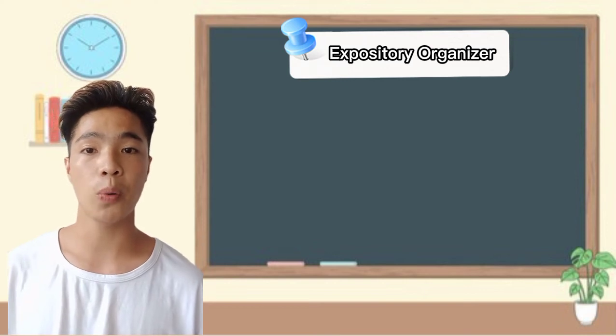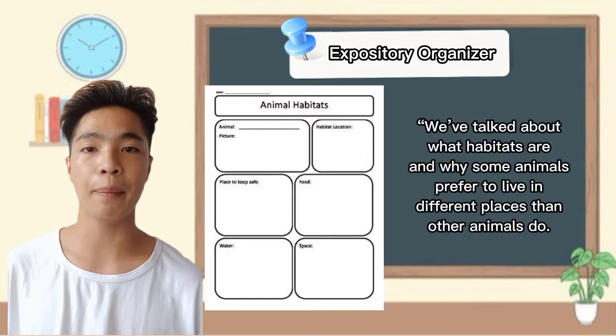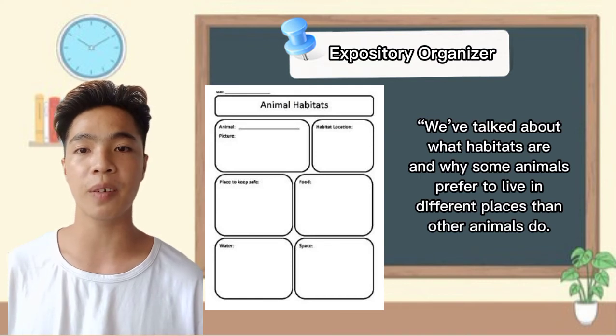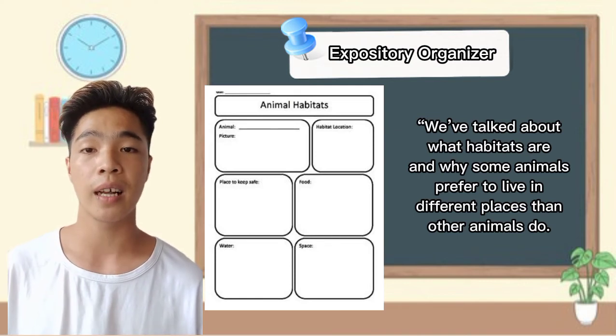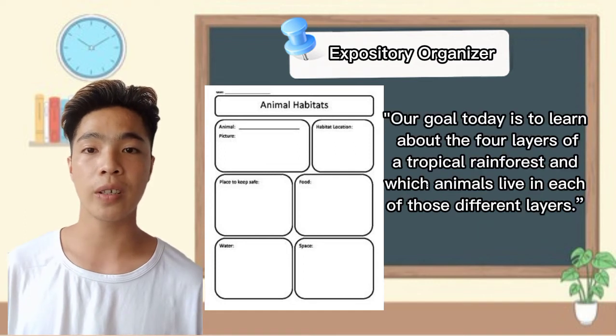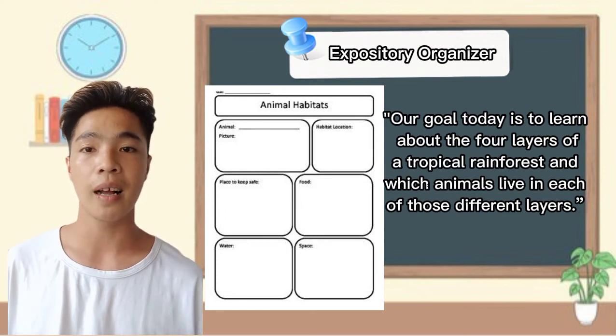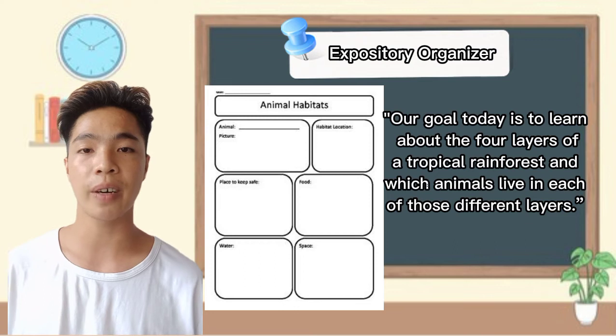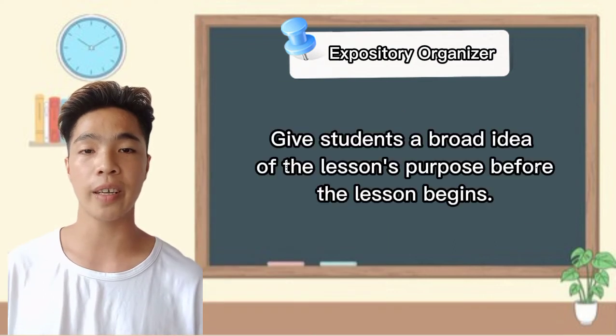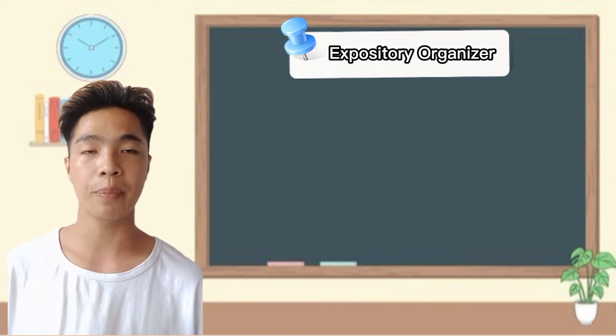For example, we've talked about what habitats are and why some animals prefer to live in different places than other animals do. Our goal today is to learn about the 4 layers of a tropical rainforest and which animals live in each of those different layers. And that's how the expository organizer will be used, and that will help the students have an idea and a big picture of that topic.